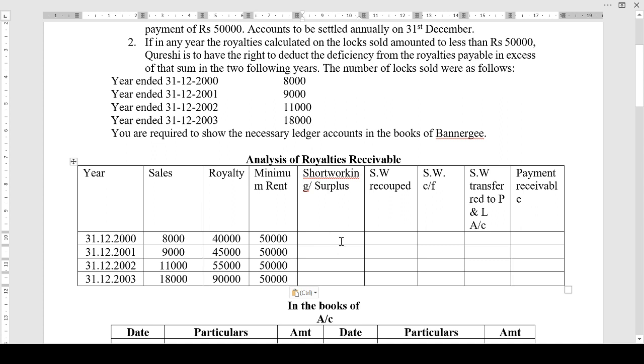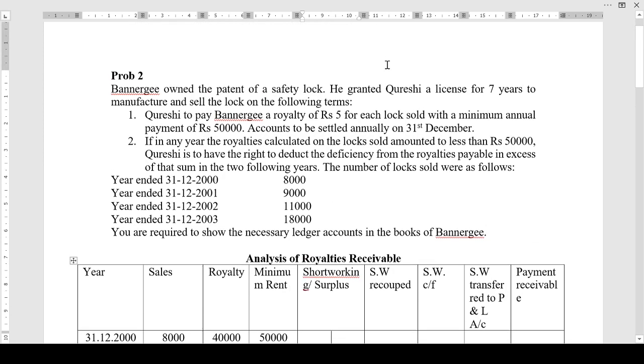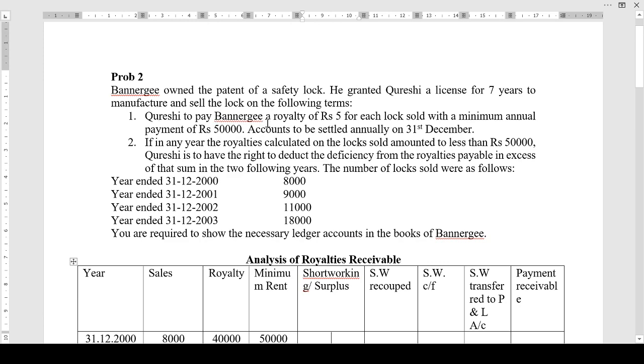You can see behind. Any questions behind? Qureshi to pay Banerjee a royalty of rupees 5.